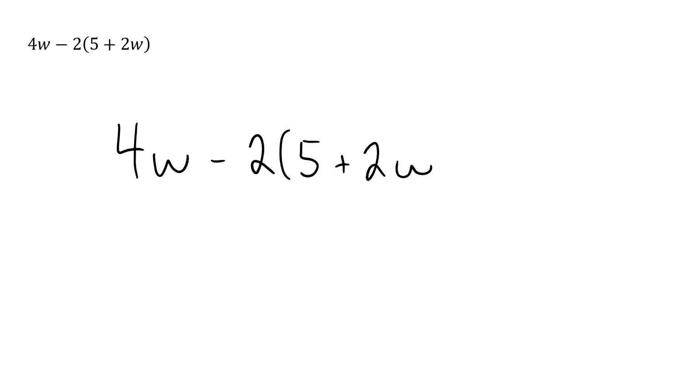We'll look at one more example. So at the moment we have this 4w out the front here. We're going to just imagine it's not there and we're going to just leave it. So what we're looking at now is minus 2 times 5 minus 2 times 2w.